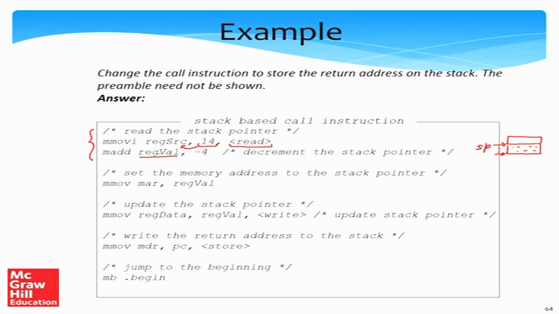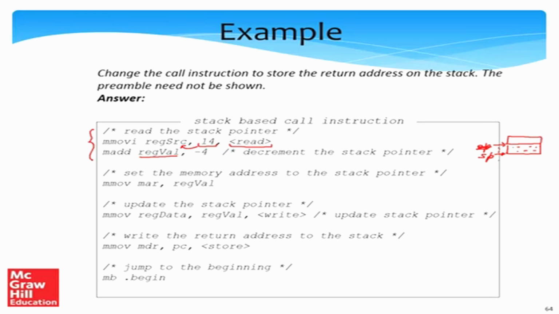So we read it first, then we use the madd instruction to add -4 to it. So we decrement the stack pointer, and this becomes the new value of the stack pointer.